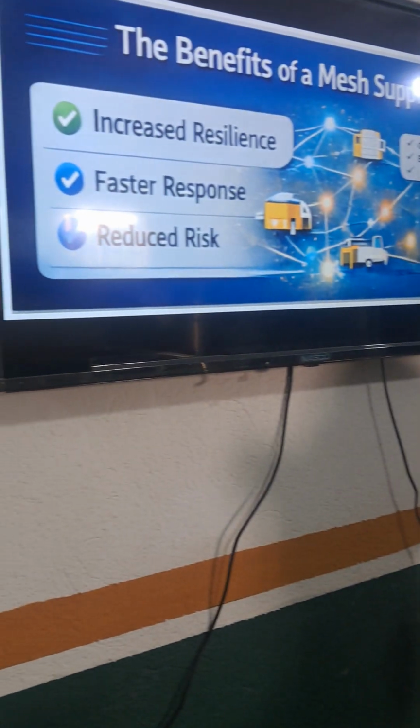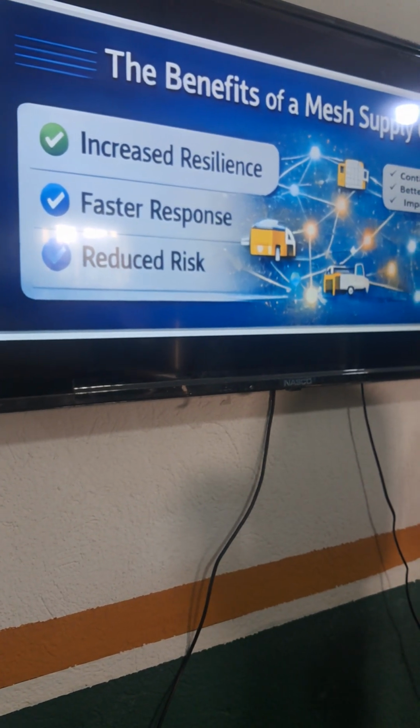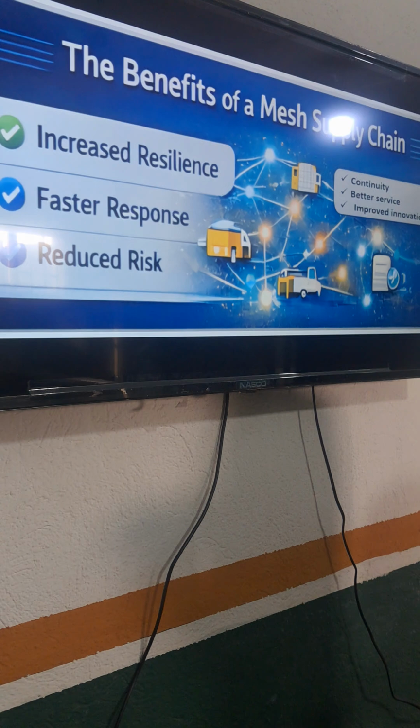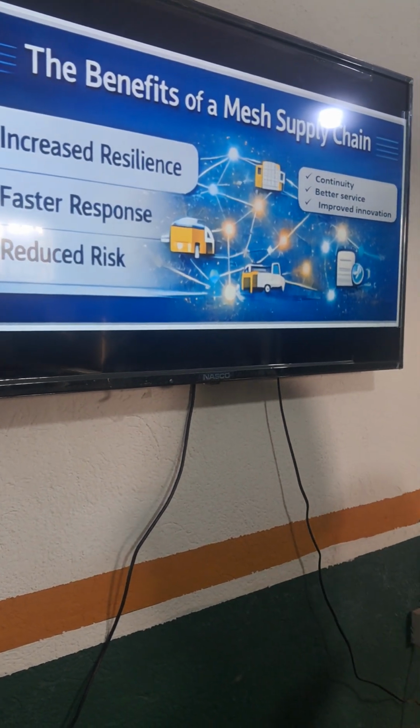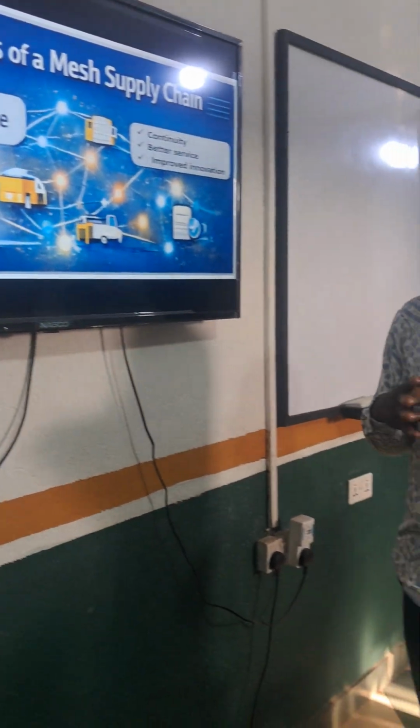This is one of the best benefits that the mesh supply chain has demonstrated. If there's any disruption in the world, like the pandemic, or the war that is currently happening between Israel and Iran, if you are operating with the traditional supply chain, it becomes a disadvantage to you because the supply chain will be broken. It will not be able to contest in this modern world.